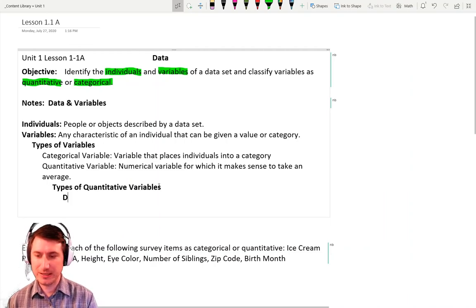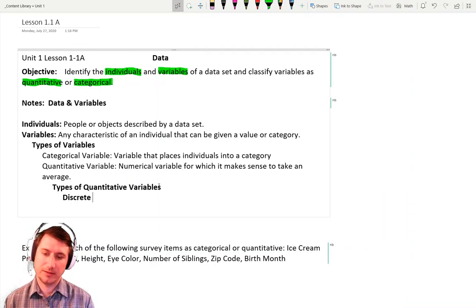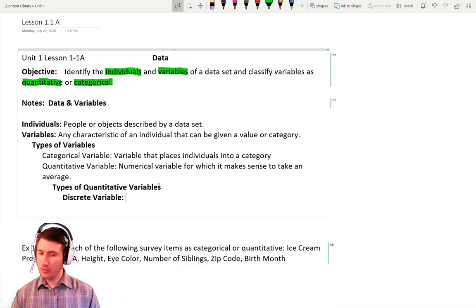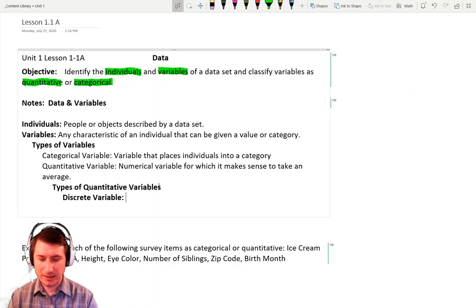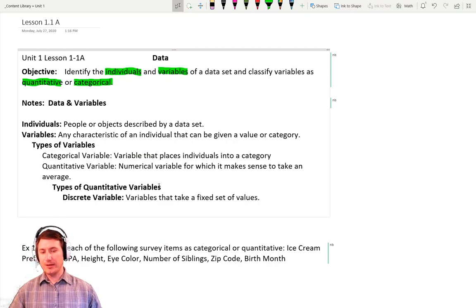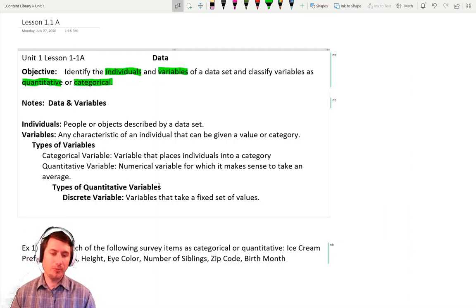The first is a discrete variable. A discrete quantitative variable is when you ask a question and the numbers they give to you can't be any single number. It has to be a fixed set of values. So it's very simple. If I asked a whole bunch of people, how many cars does your family own?